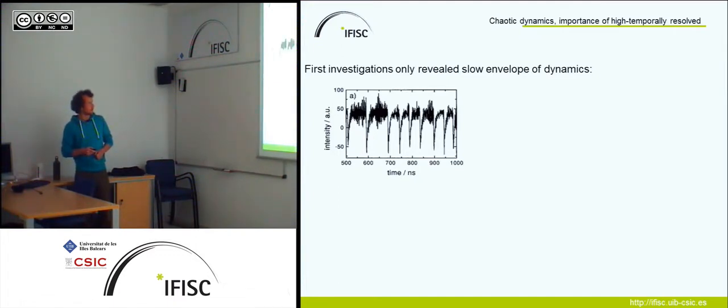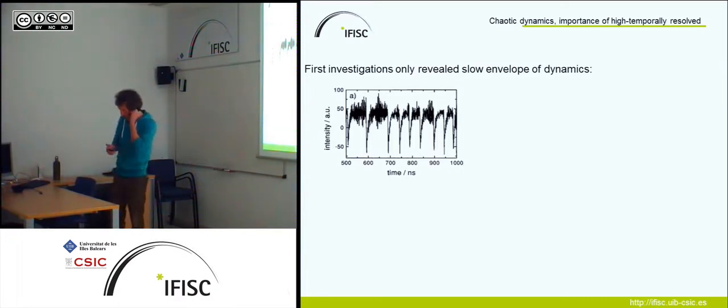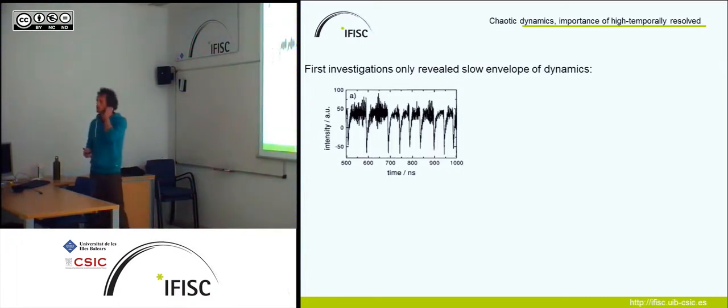One example for how important it is to get the whole dynamical bandwidth of the system is the intensity dynamics, which have been studied of these lasers for, I would say, decades. On the top here you see the output of such a laser measured with a rather low temporal resolution system.